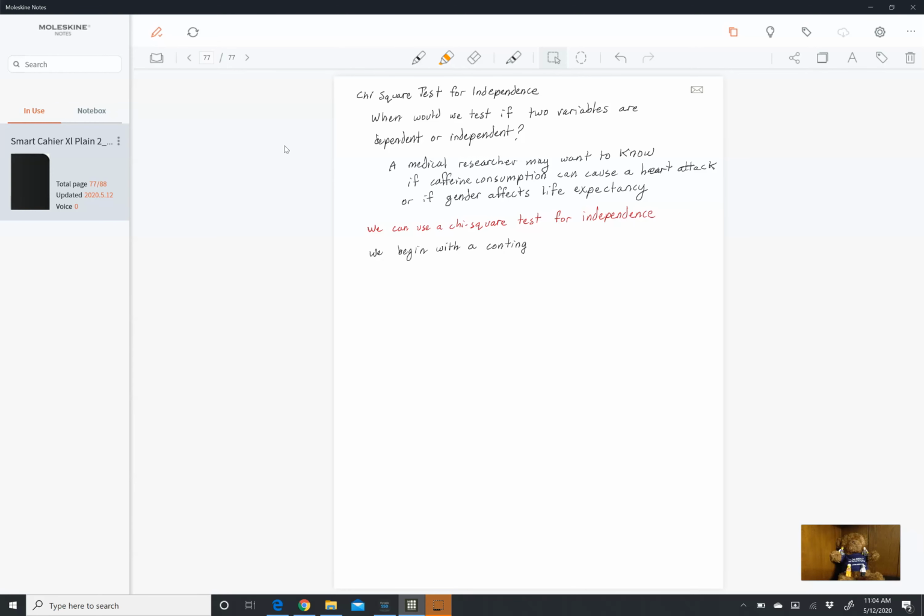And a contingency table is an R by C table. R is the number of rows. C is equal to the number of columns.